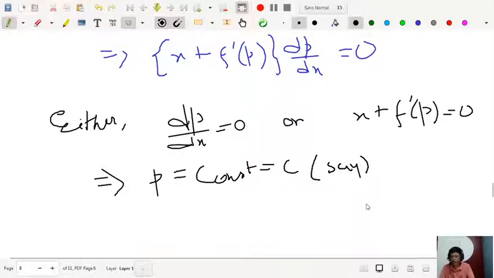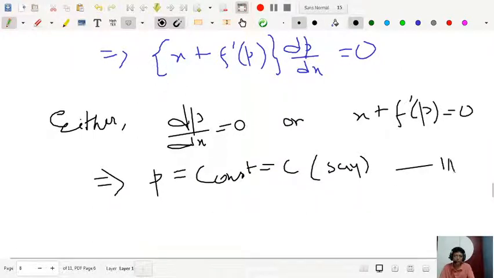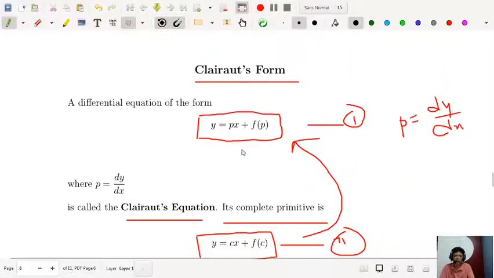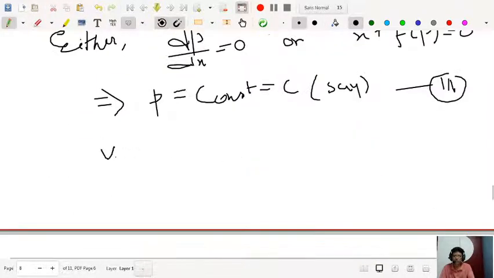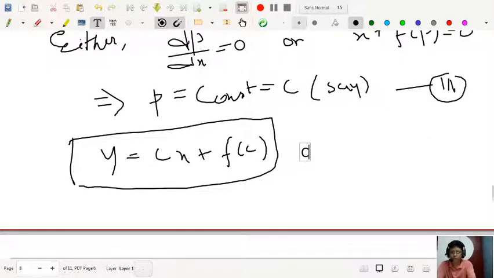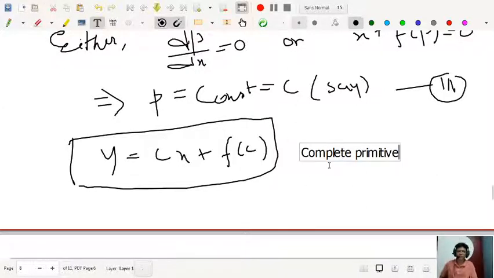Now eliminate p between this equation 3 and 1. What is your 1? So you will get y = cx + f(c), which is the general solution, or the complete primitive, of the Clairaut's form.